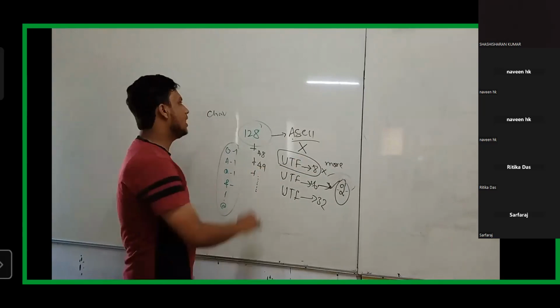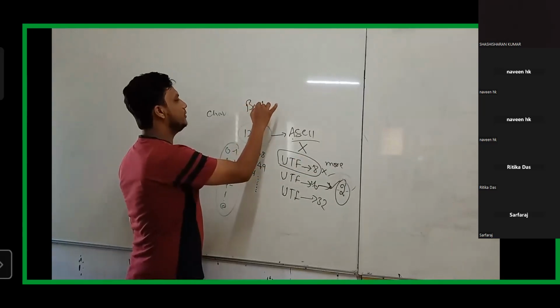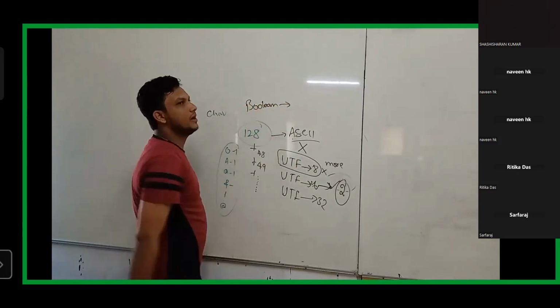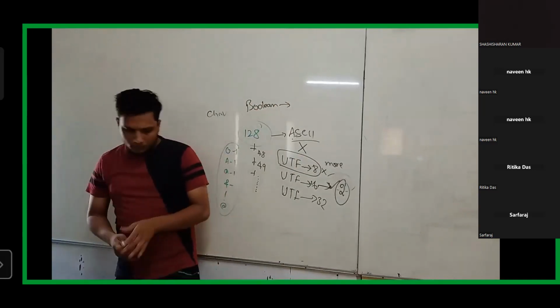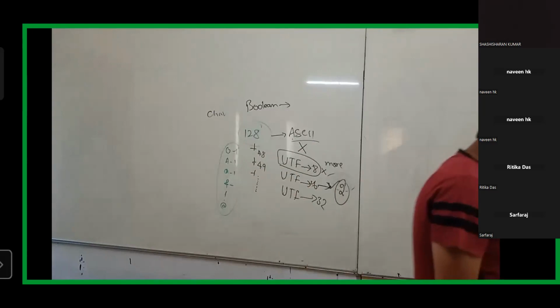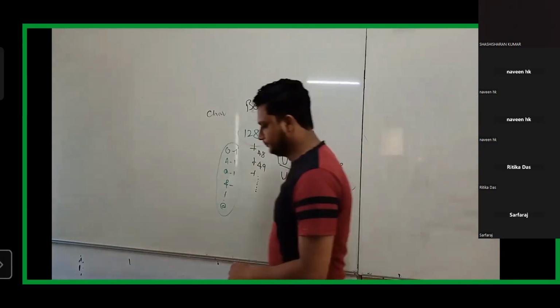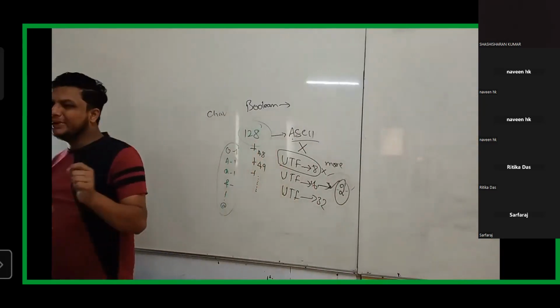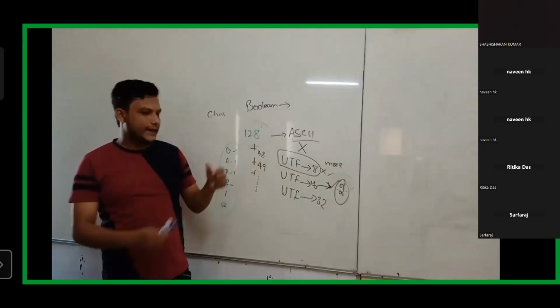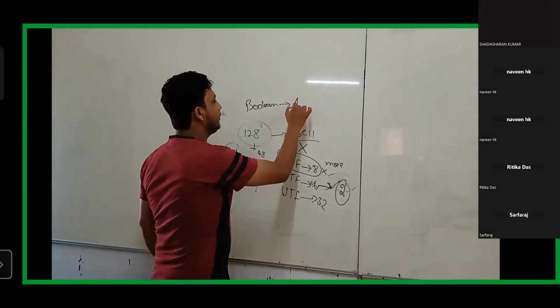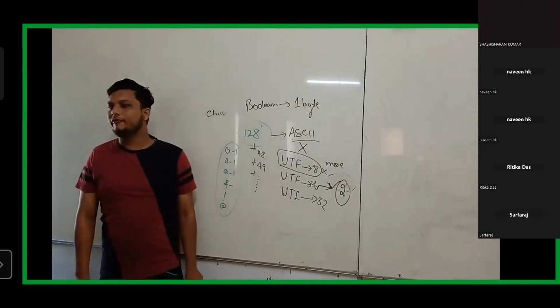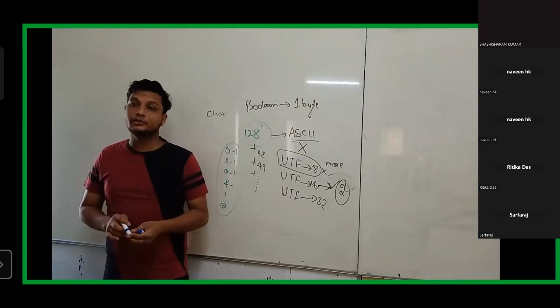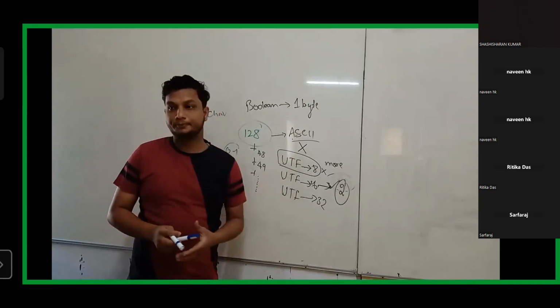Next, we come to the Boolean. People say that it allocates 1 byte of memory. Most of the time on the internet, you'll find the same thing, 1 byte.